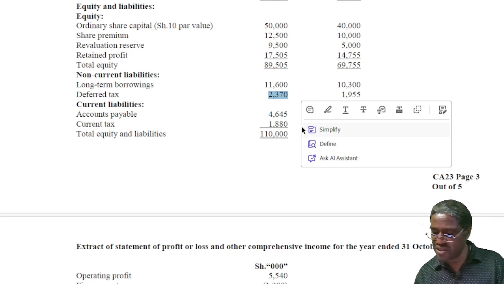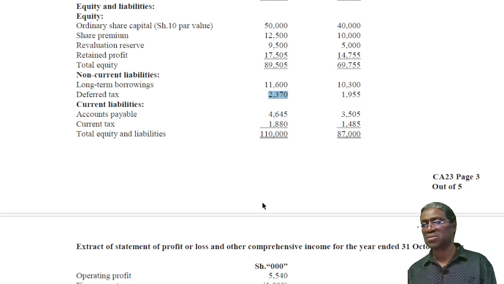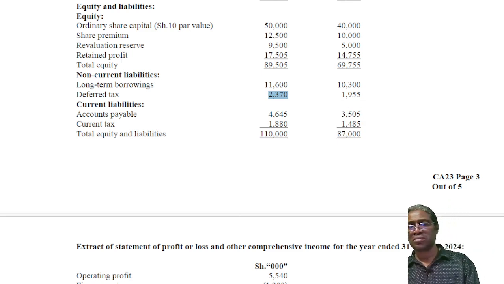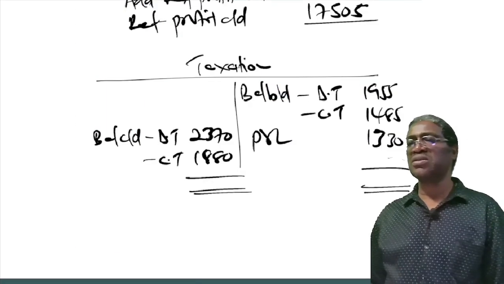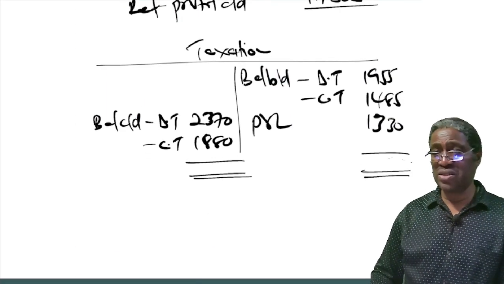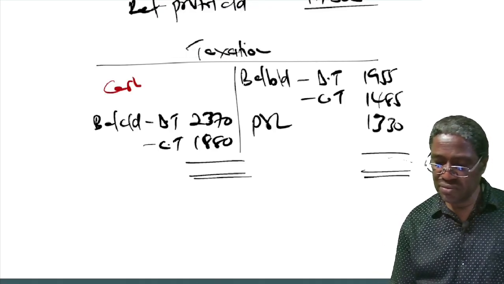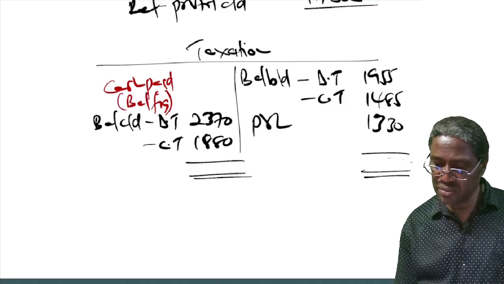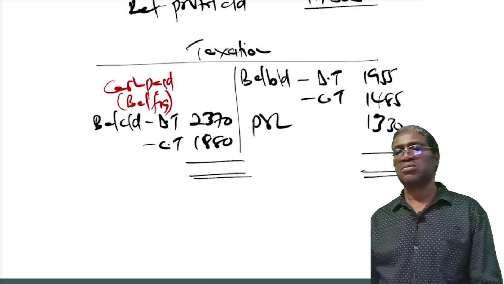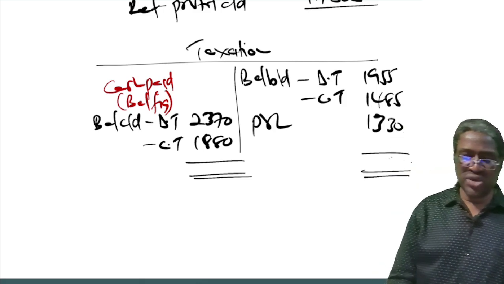Let's get the balancing figure to represent how much we paid for taxes. It's normally on the debit side as a balancing figure. So I'm adding the credit side first.